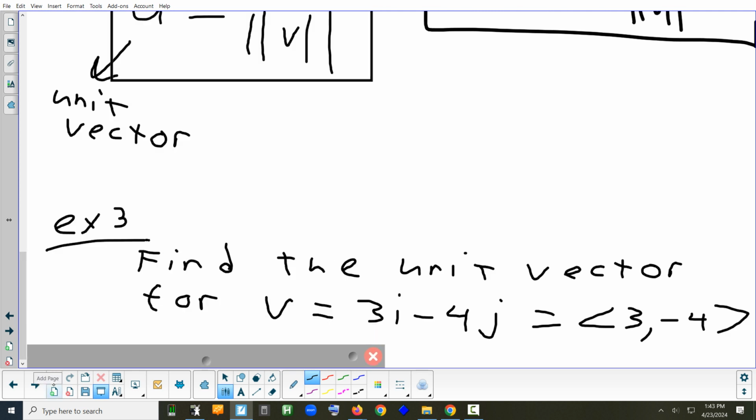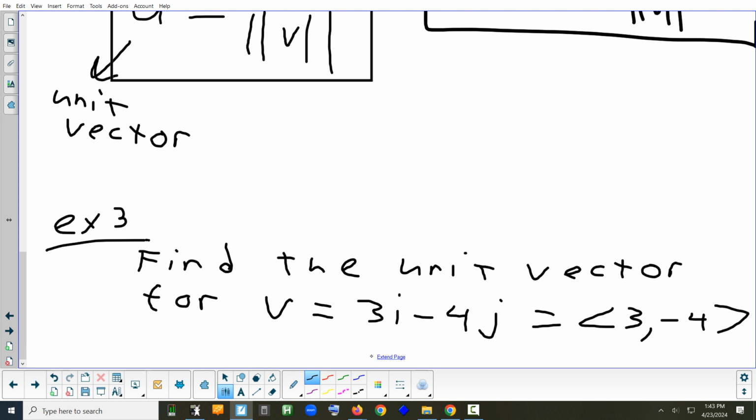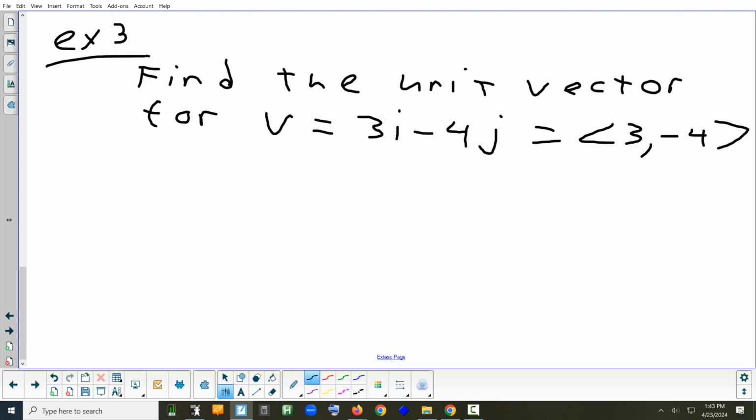So let's find the unit vector for 3i minus 4j. First thing we have to do is find the length of the vector we're working with. If it's already 1, then we don't have to do anything. But chances are it's not going to be 1.